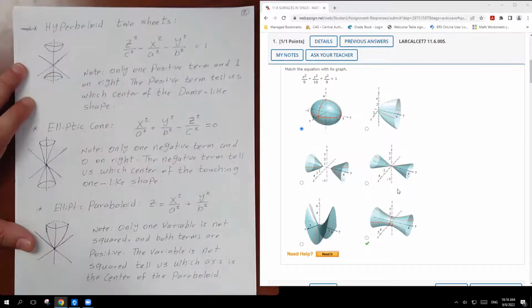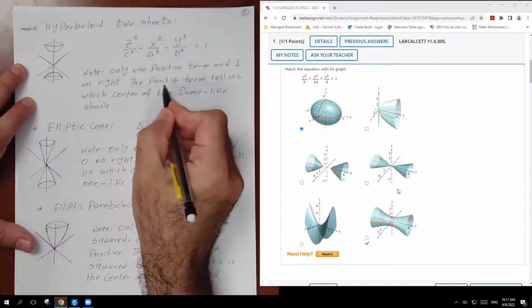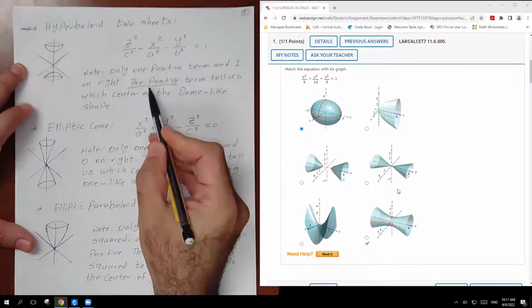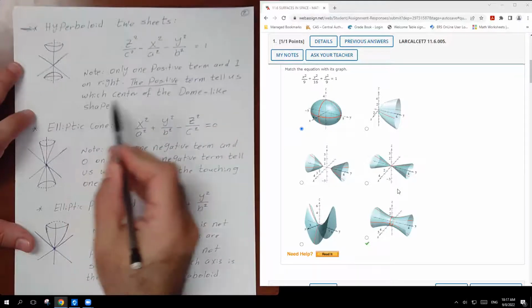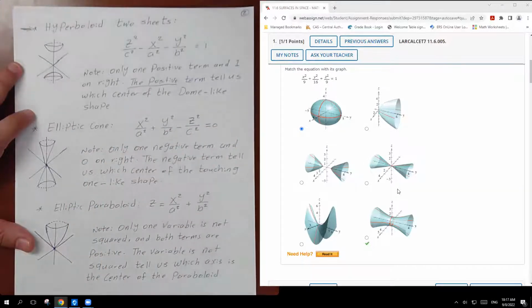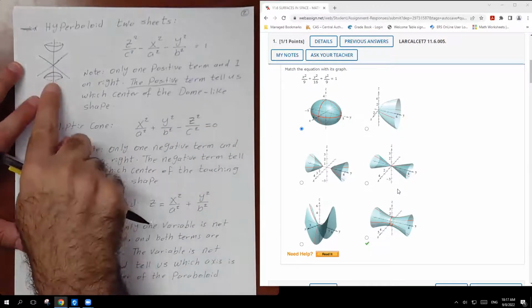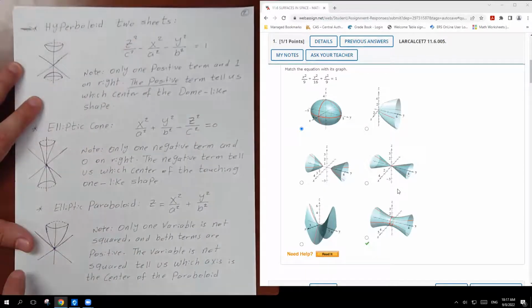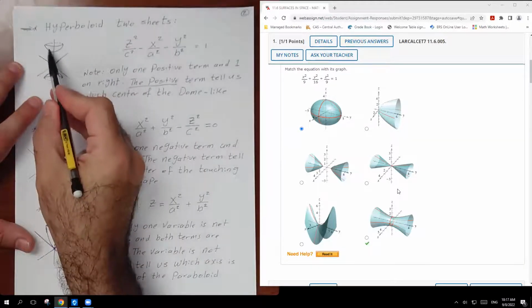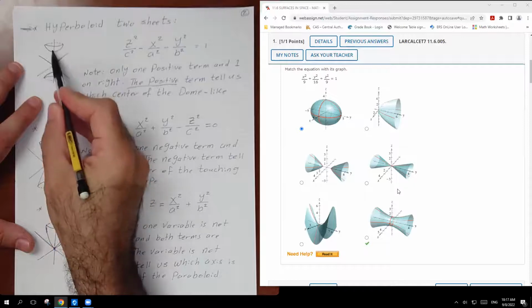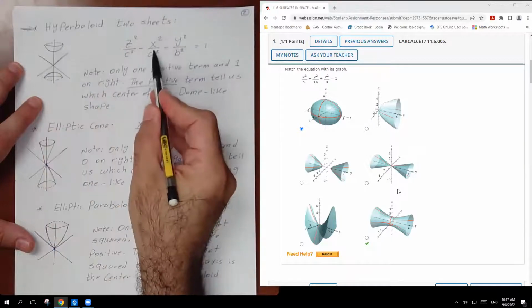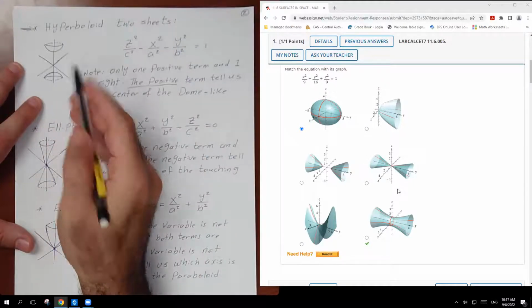And this one, hyperboloid with 2 sheets, the positive term, so you have to be careful. The positive term tell us which center of the dome, which one. You see, now the positive one is the Z. That means the dome is going to be on the Z coordinate. If the positive is X, it's going to be on the X coordinate.